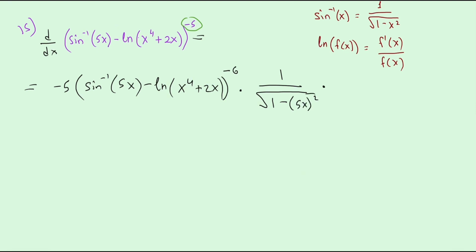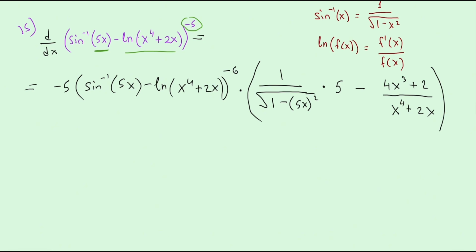Now we'll multiply by the derivative of the inside function for that inverse, which is 5, minus, now we're going to derive the second function. And we're going to get derivative of the inside, which is 4x to the cubed power plus 2 over the function itself, which is x to the 4th plus 2x. That's it. And the rest would be simplification.